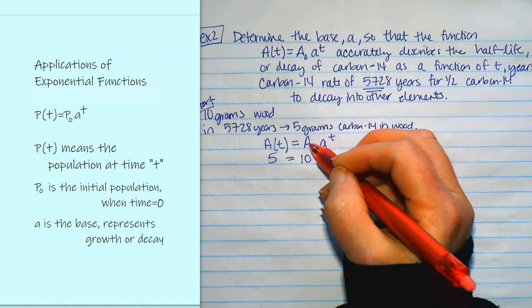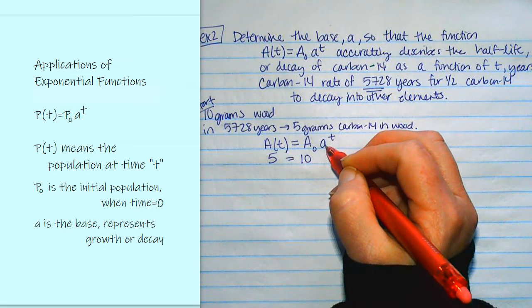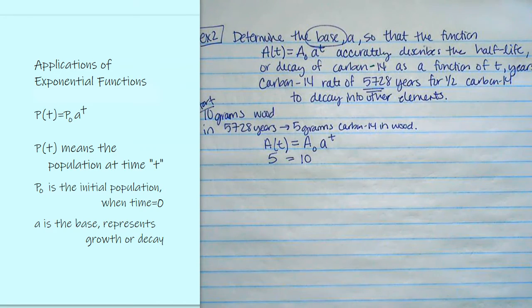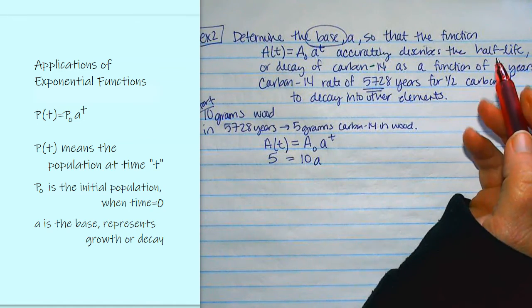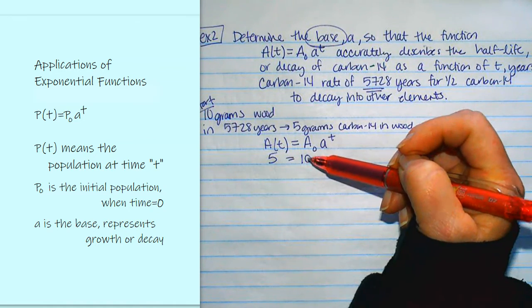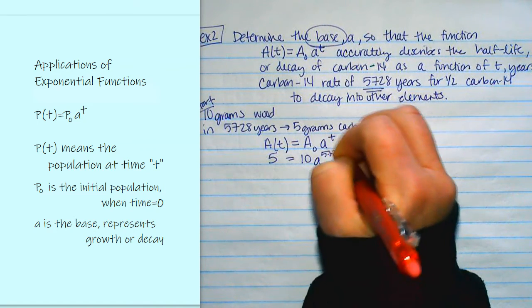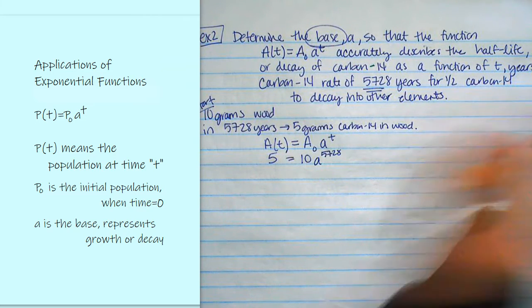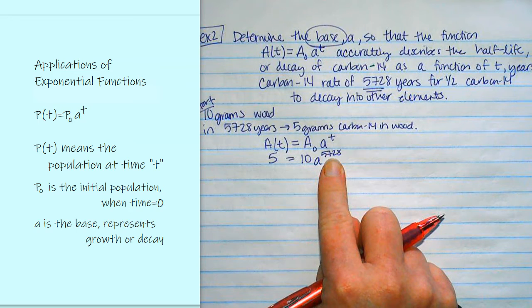And so that's our initial amount. We're looking for A. We're looking for the base. Determine the base. So that's our goal. And so we're going to keep the A as an A, but we know that to go from 10 to 5, it takes 5,728 years. So hopefully that makes sense to you. We're trying to figure out what the base would be that makes it so carbon-14 dating works.